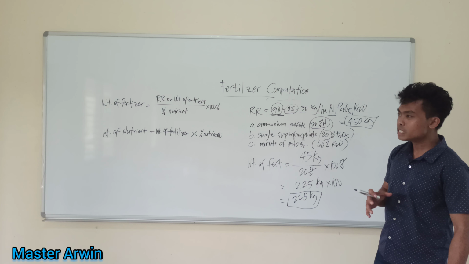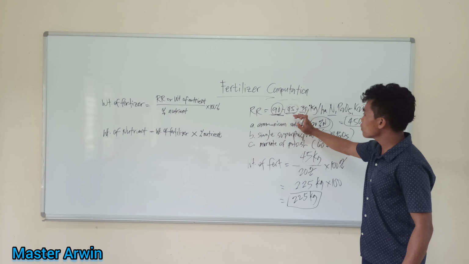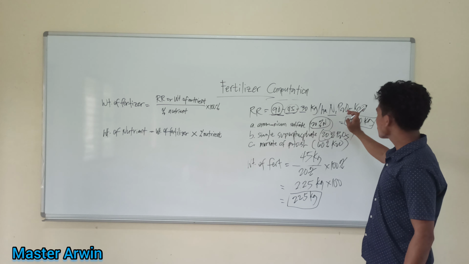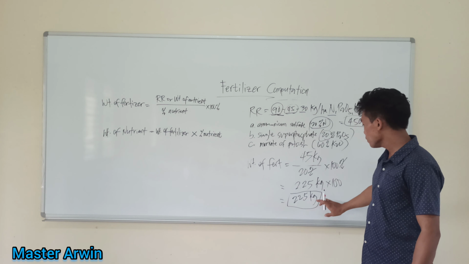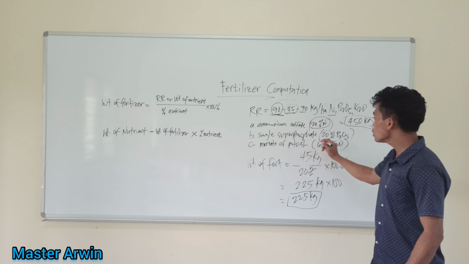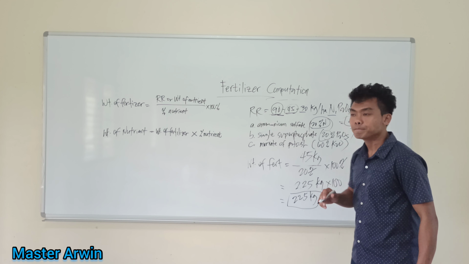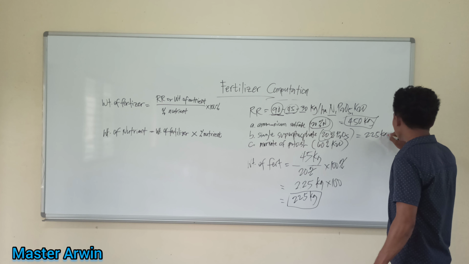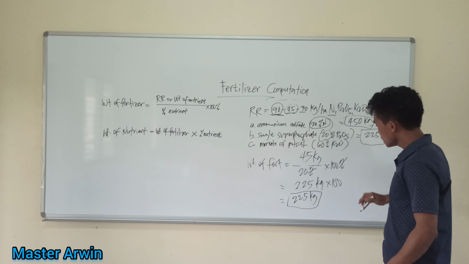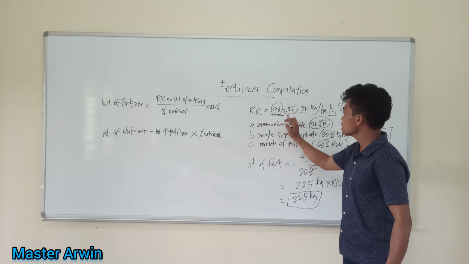Okay? This means that if your soil requires 45 kilograms of phosphorus, you should apply 225 kilograms of single superphosphate to suffice that requirement. Okay? So that would be 225 kilograms. And then, okay na yung nitrogen at phosphorus.